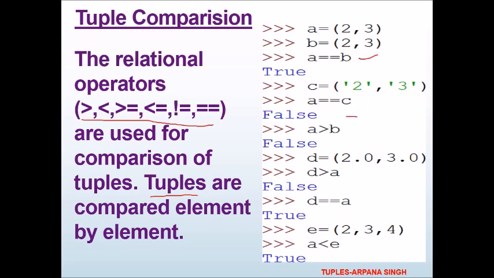In case of string it will return false. In string and decimal it returns false value, like here d is equal to a, and e is 2, 3, 4, then a less than e. What is a? a is 2, 3, so 2, 3 are same, but 4 is not there, so a less than e is true.